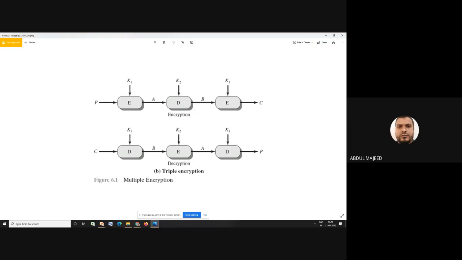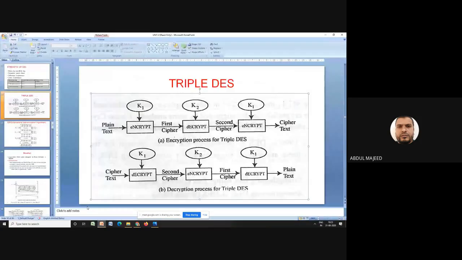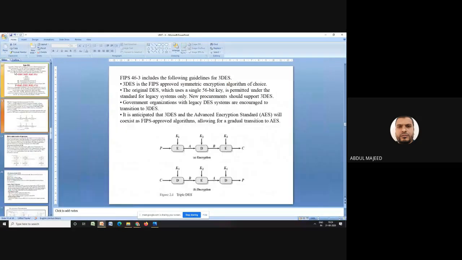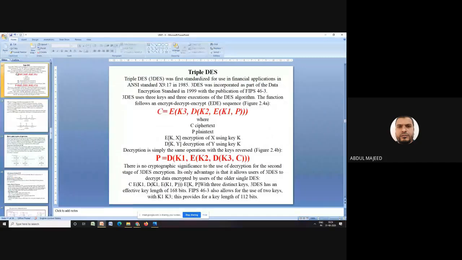So this is the simple diagram that you need to remember first in triple DES, right? And these two equations. This same diagram, either this one or that one. Then these two equations: how you can write the process mathematically.